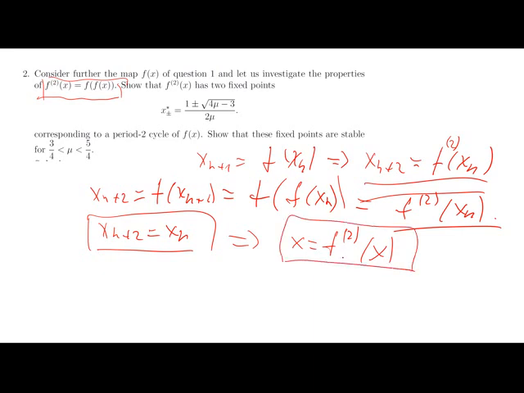Roughly speaking, if we want to find 2 periodic solutions, we need to find fixed points of this map.